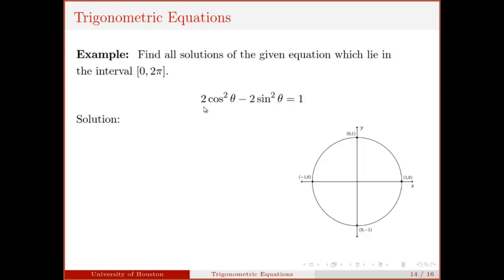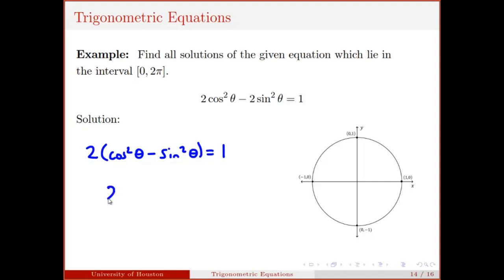First, let's factor 2 out of the left-hand side of the equation, which gives us 2 times cosine squared of theta minus sine squared of theta equals 1. We then observe that cosine squared theta minus sine squared theta is equal to cosine 2 theta.